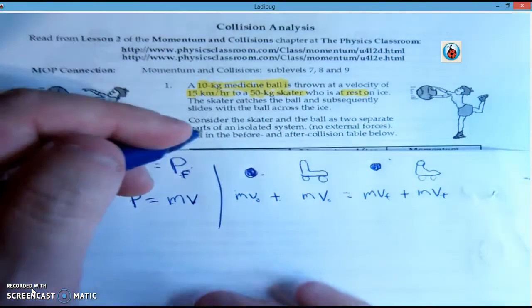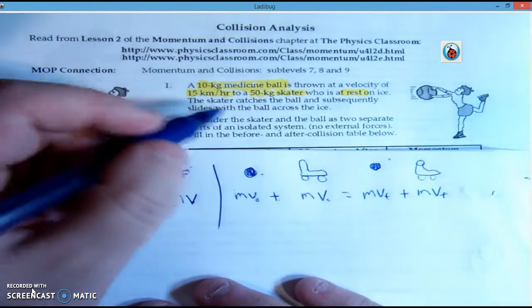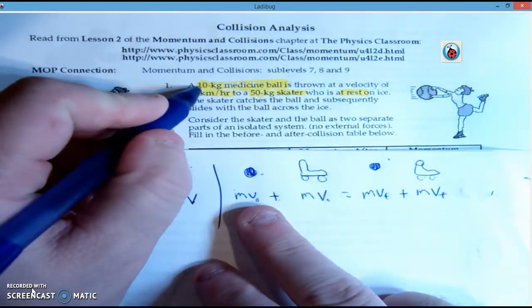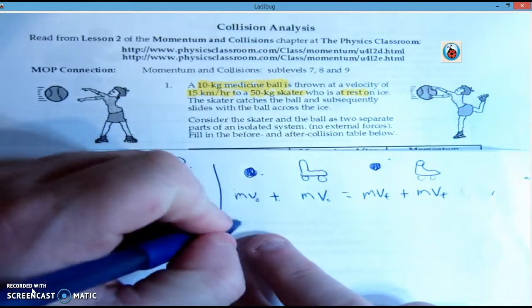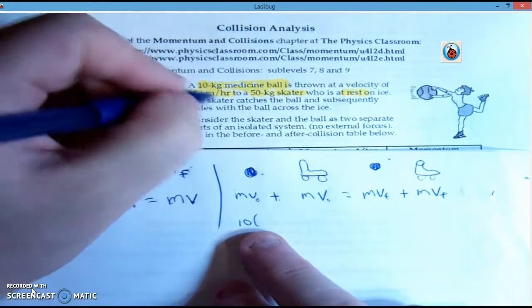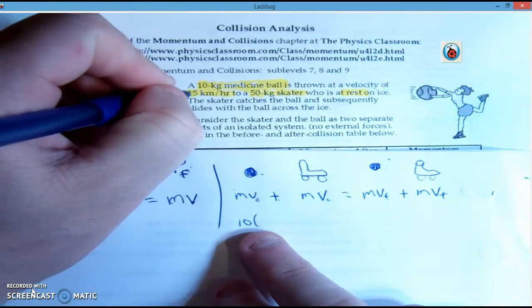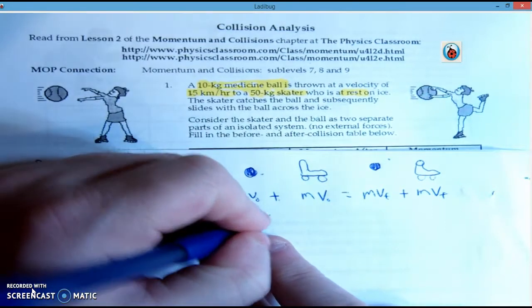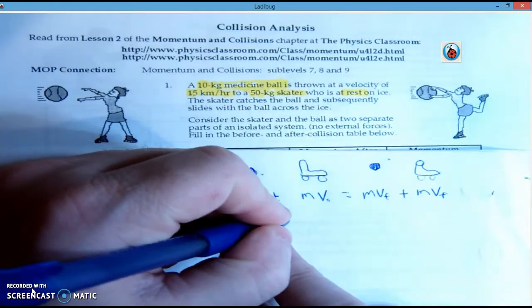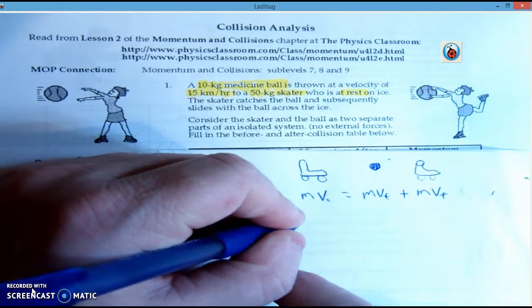So with that being said, let's plug in what we know. The medicine ball's mass is 10 kilograms, so 10 times the velocity, 15 kilometers per hour. Sorry, it says hour.